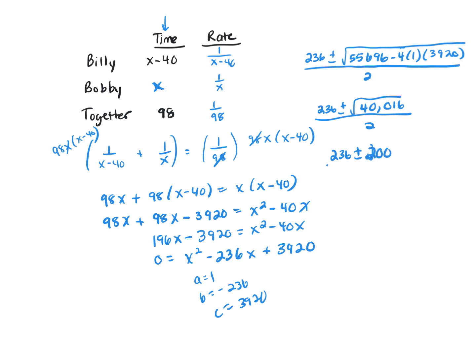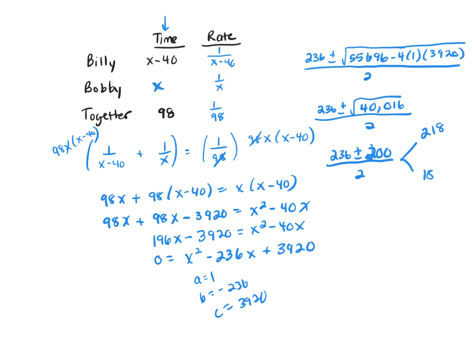So I'll just put that divided by 2, and that gives you the plus and the minus. 236 plus 200 divided by 2 is 218. And then 236 minus 200 divided by 2 is 18.